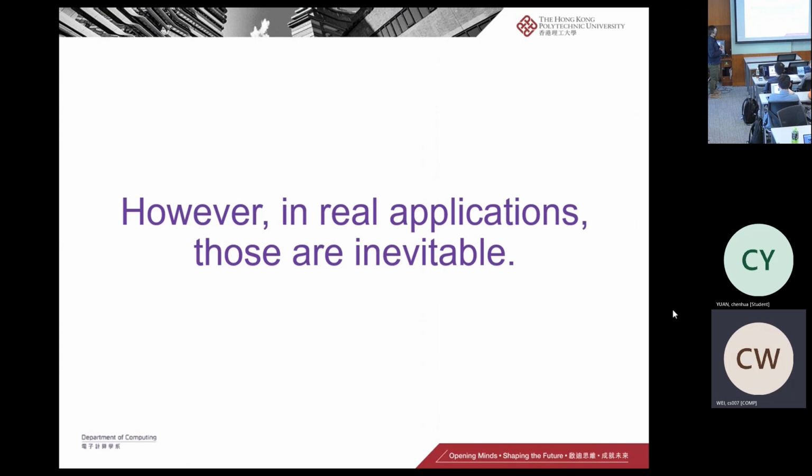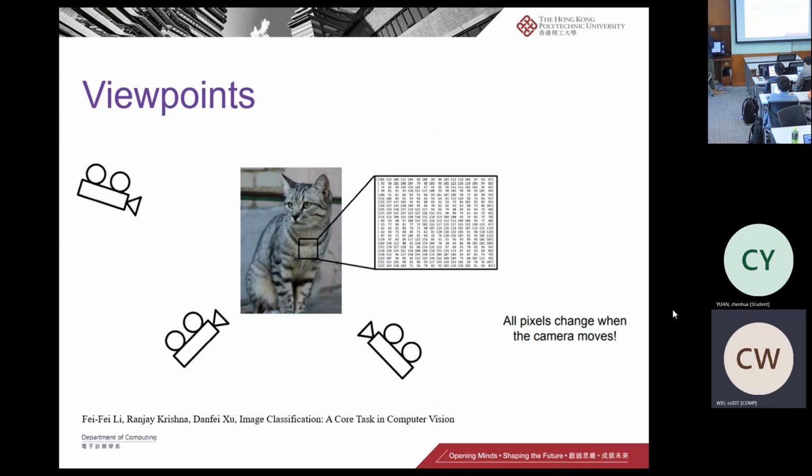However, those are in controlled environments. In real applications, changes of illumination, orientation, and other factors are inevitable. When you take a picture of the same object, you probably take it from different viewpoints, right? From different distances. As we introduced in lecture one, this is okay for human beings because we are adaptive to such change.